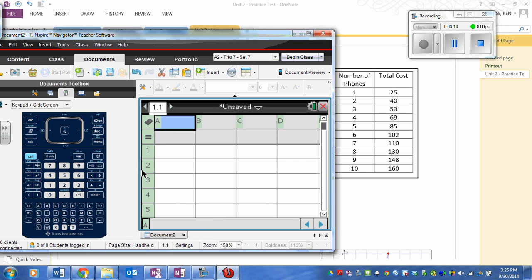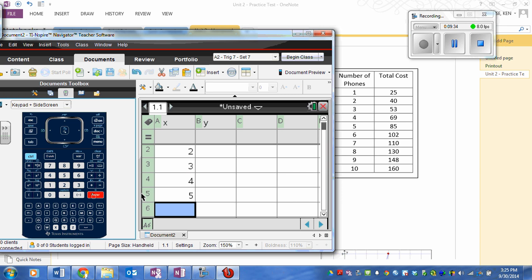And up here I'll put in X. Over here I'll put in Y. And then 1 through 10. 1, enter, 2, enter, 3, enter, 4, enter, 5, enter, 6, enter, 7, enter, 8, enter, 9, enter, 10, enter.